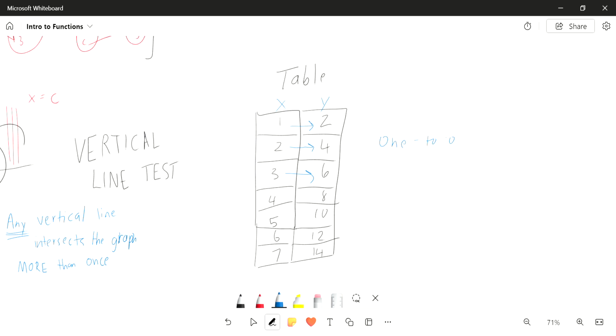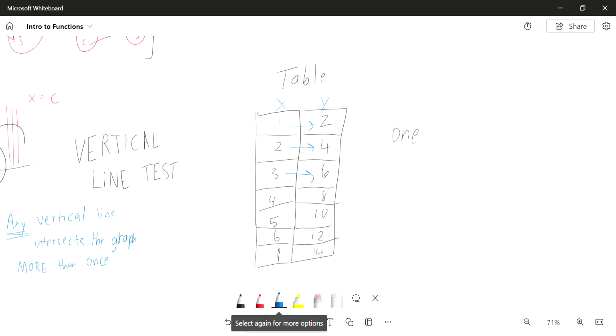So it's a function. But say, for example, if I were to change the 7 to a 1, I suddenly see two different occurrences of 1 in my x table. That means it's one to many because there are two of the same x, but they have two different y values.